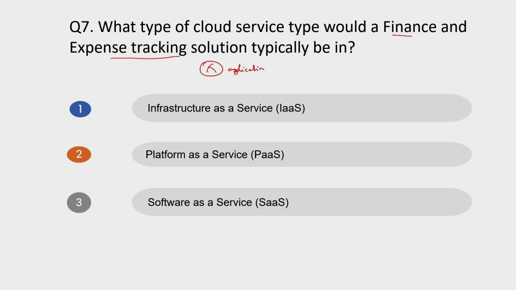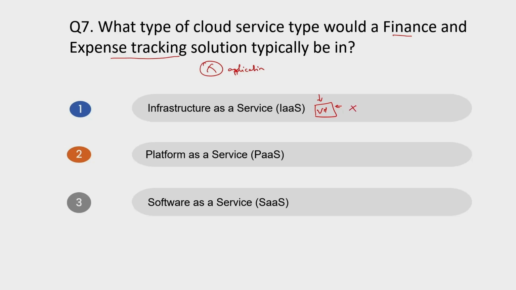In this particular case, if I choose infrastructure as a service, I can also use infrastructure as a service to deploy a finance and expense tracking solution, but it is going to take time. I need to build the virtual machine. I need to install the software runtime. Only then will I be able to deploy this finance expense tracking application.